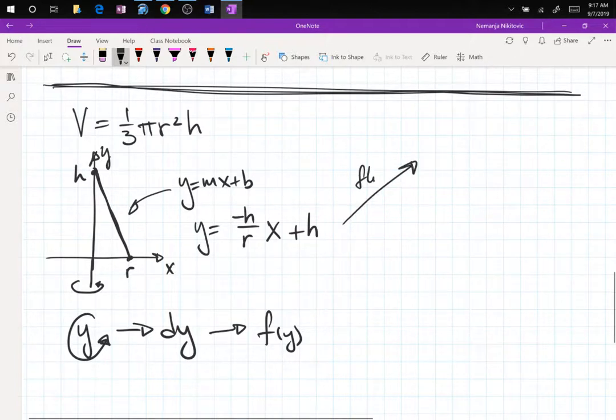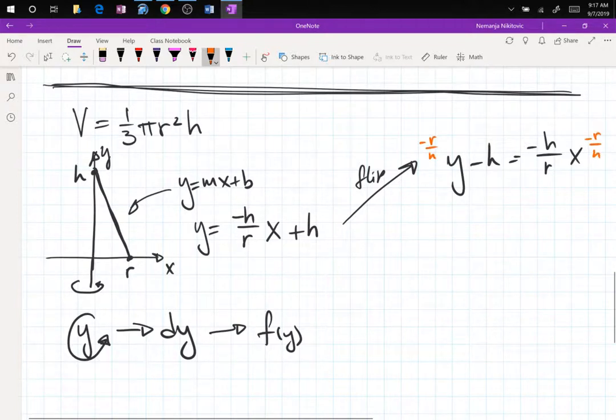So flip: y minus h equals negative h over r times x, and then multiply both sides by negative r over h so that you can get x by itself.